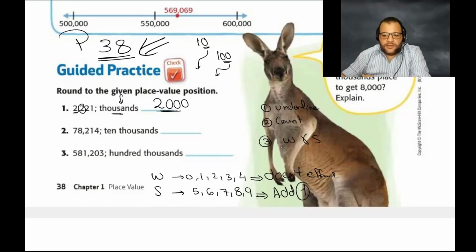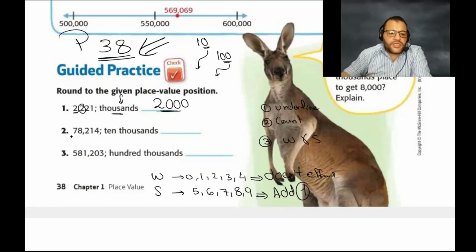Abdullah, can you solve this question please with me? Yes. Number 2. Which digit is in the 10,000 place please? 7.